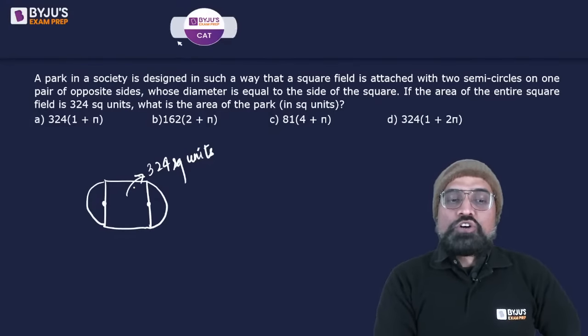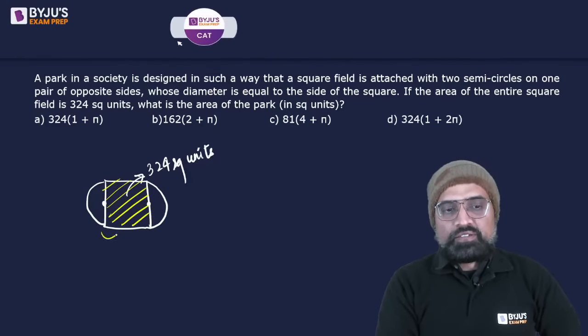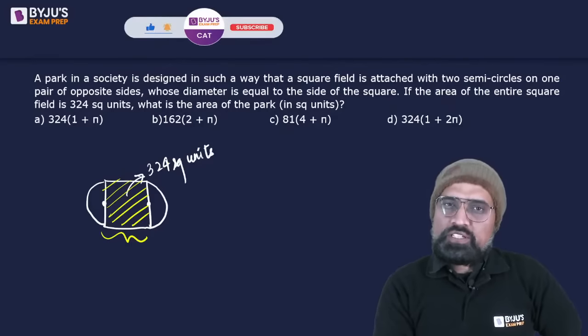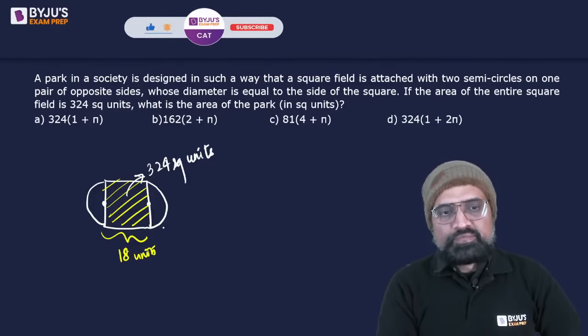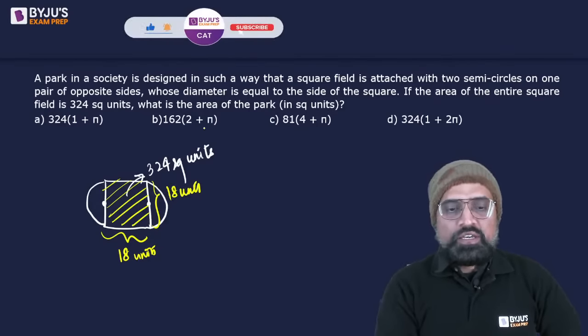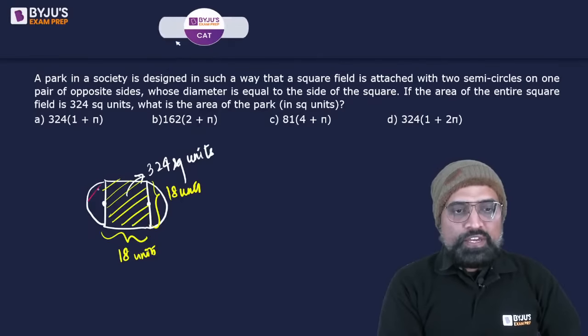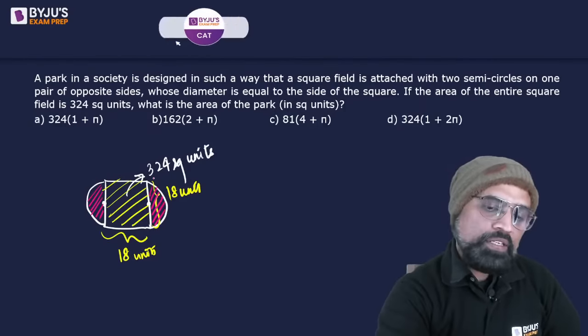Okay, so if the area of the square is 324, what is the side of the square? So which number square is 324? 18. So this is 18 units. That means the diameter is also 18 units, right? So if we club these two semicircles, what will happen?